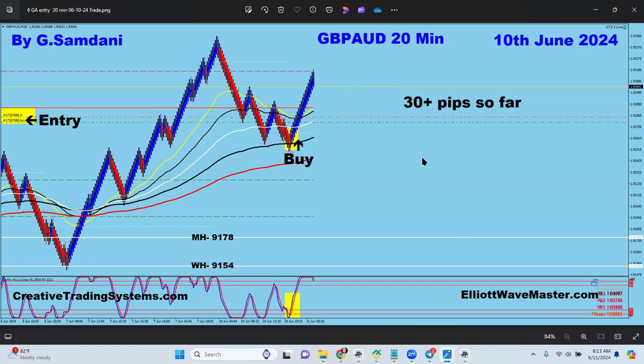But usually I move my SL to break even to have a safe passage. If the price comes back and hits my SL, I do not lose anything. If it is maybe 40, 45 pip, then I will have break even plus 5 pip, so if the price comes back and hits my SL, I make 5 pip.